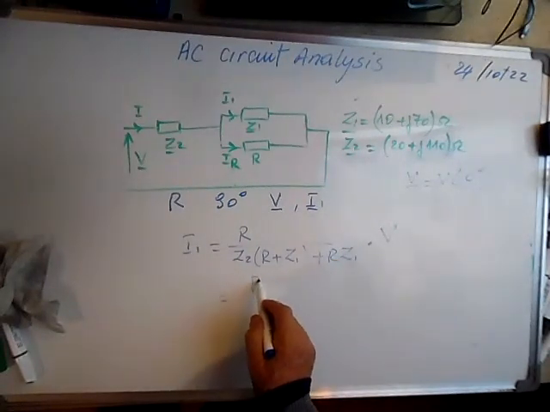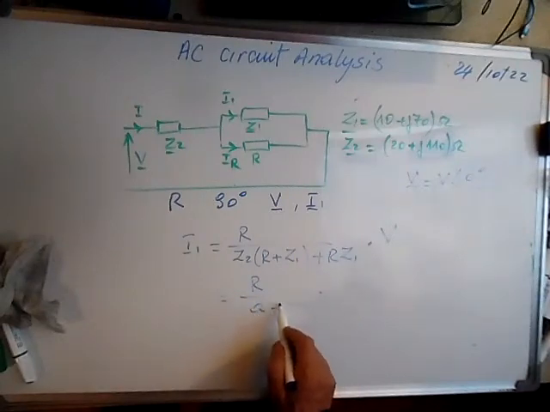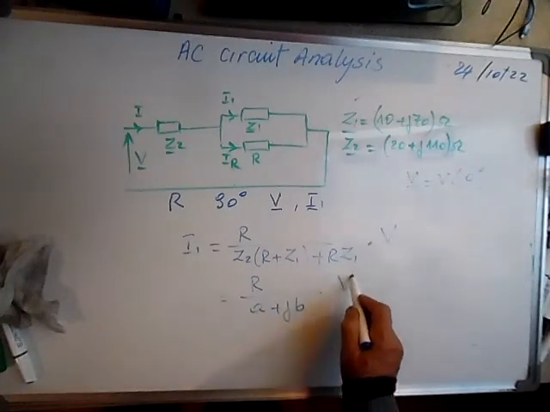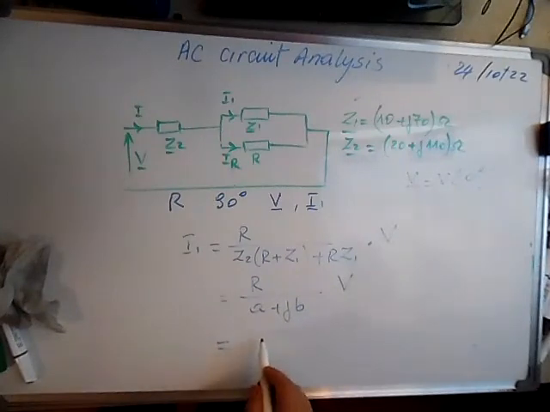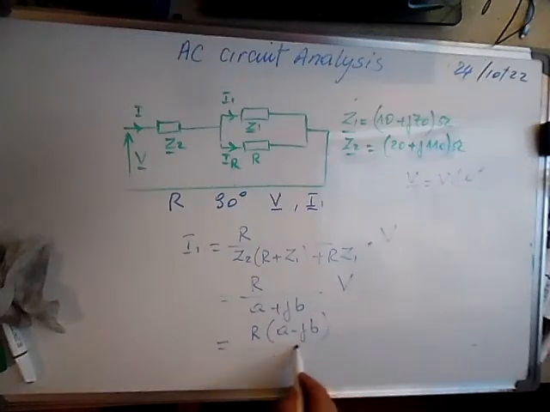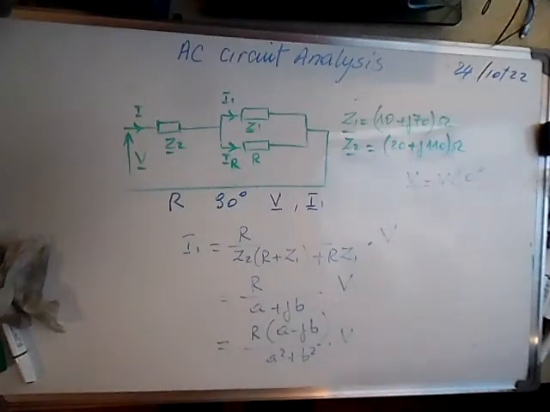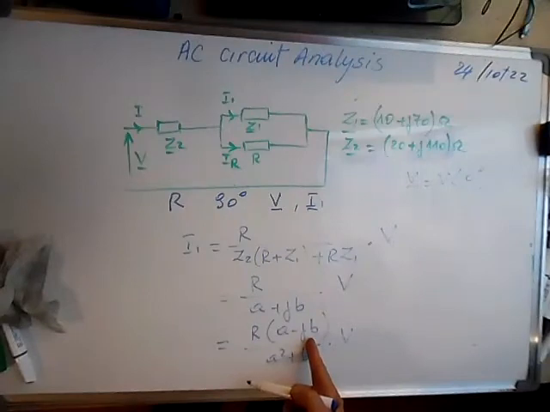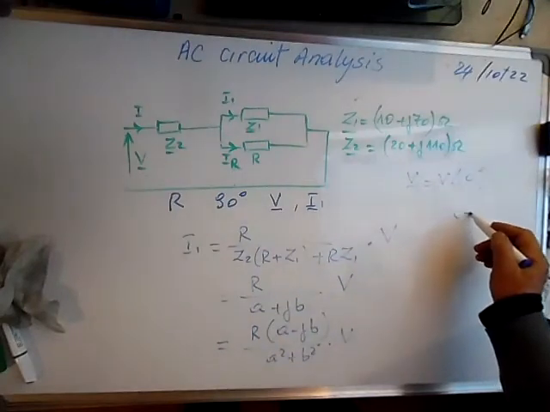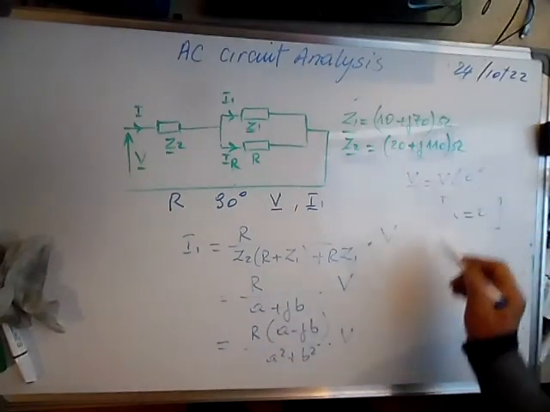If this is a real, this will be a complex times V. So it means R times A minus B over A squared plus B squared times V. To have a phase lag of 90 degrees, the only thing is A should be equal to 0. A should be equal to 0 to calculate the R.